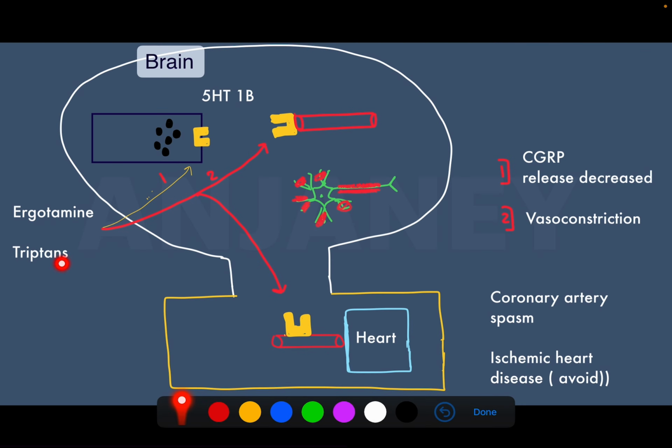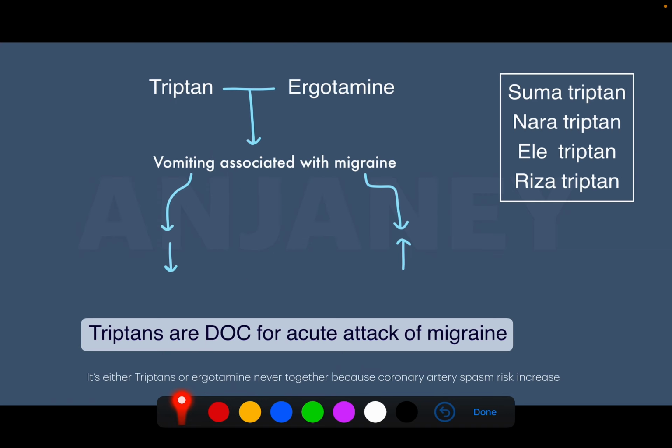And why are triptans able to do this? Because 5-HT1B receptors are present in both trigeminal neurons and the blood vessels. Done. Now we have two drugs, triptans and ergotamines. Why are triptans the drug of choice? Because there is vomiting associated with migraine, and triptans will decrease it while ergotamine will increase it. So triptans are the drug of choice.